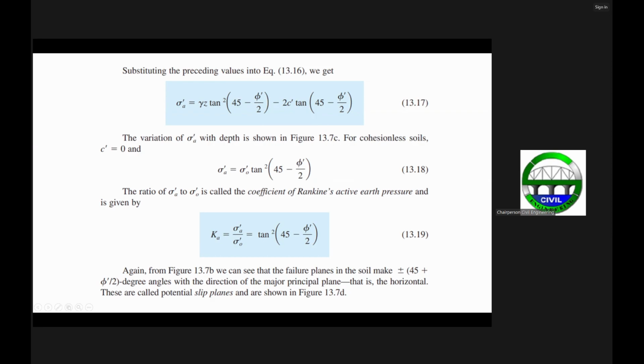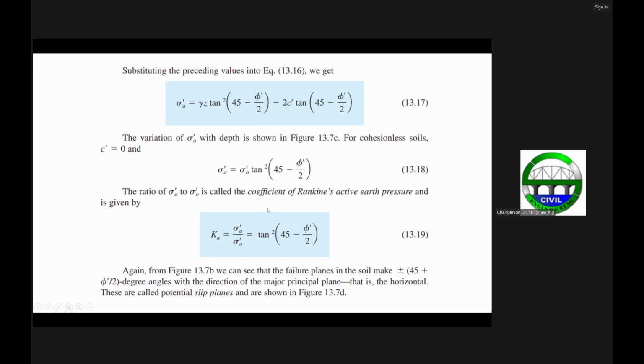So we only have this term here. Now, K sub a is the ratio of the active earth pressure over the overburden pressure. That's this one here, which can be equal to this term.